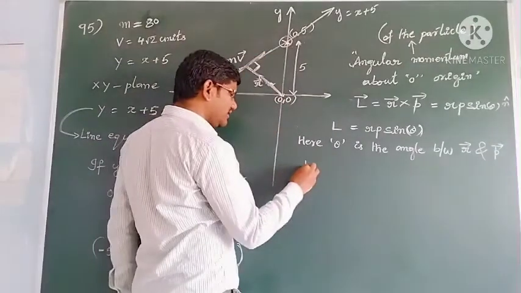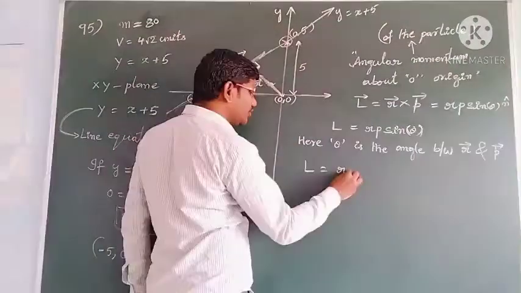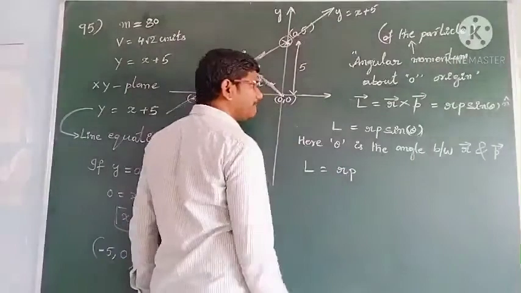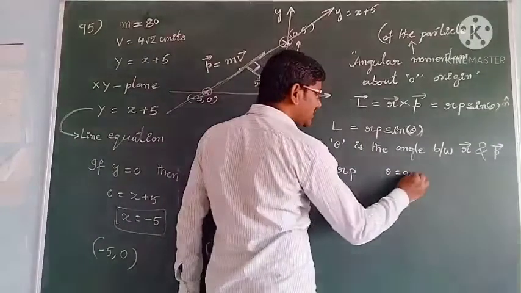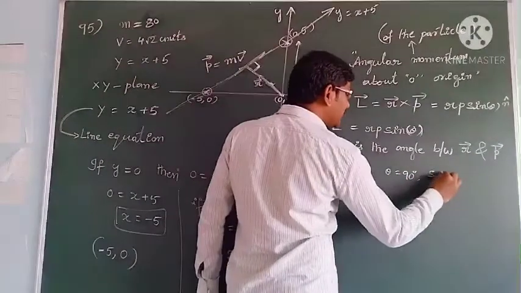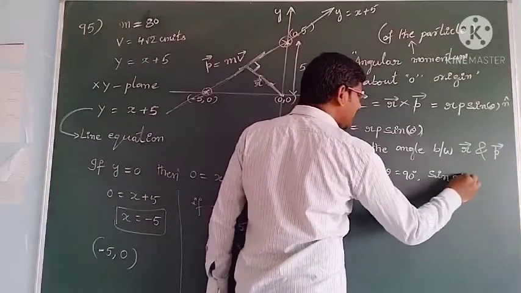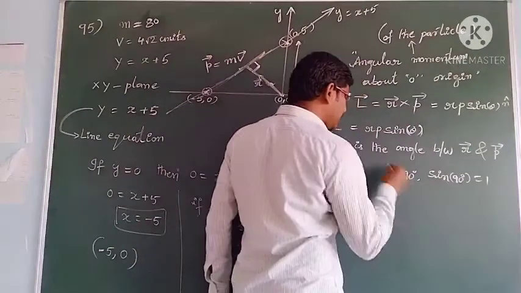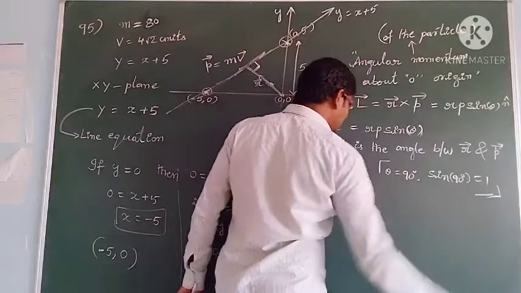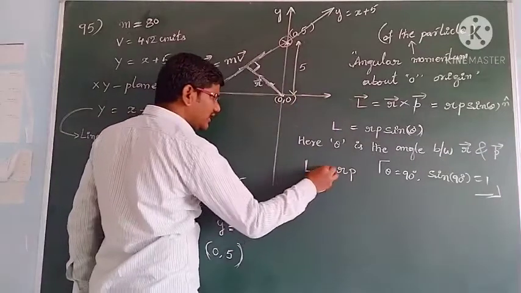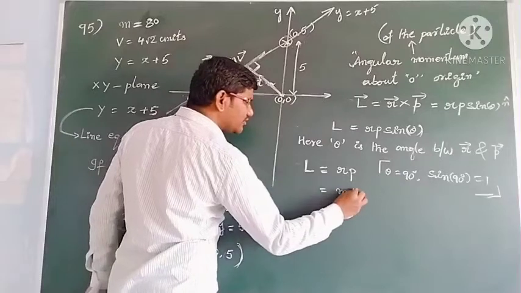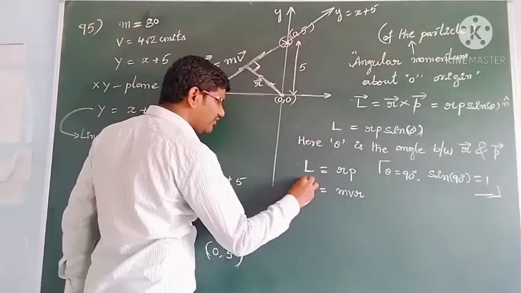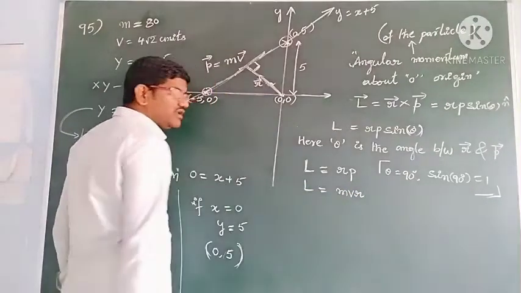Then L is equal to r into p. Here theta is 90 degrees, so sin 90 degrees is 1. So L is equal to r into p, and p is mv. So L is equal to mvr.